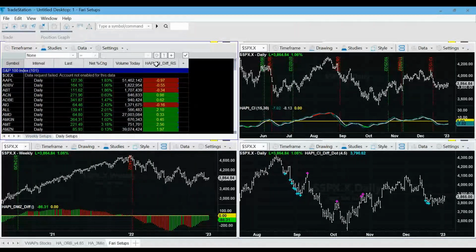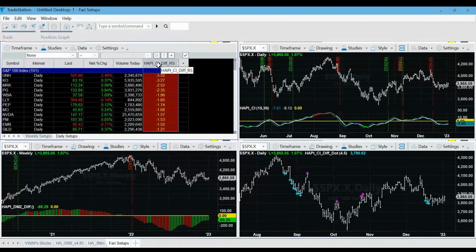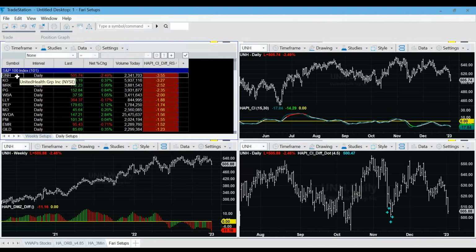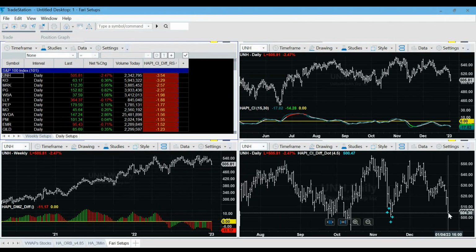So if I go into the daily setups, one of the things you can do is sort your CI diffs here, right? I don't think I have anything that's super oversold. The closest we have would be like UNH. You see? UNH here today is down 2.5%. It's minus 3.5, which is probably the lowest I would consider taking a mean reversion trade.